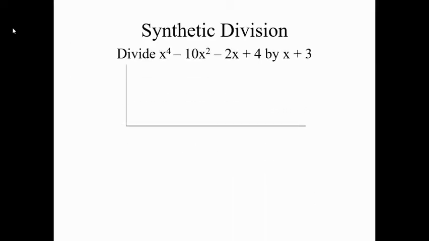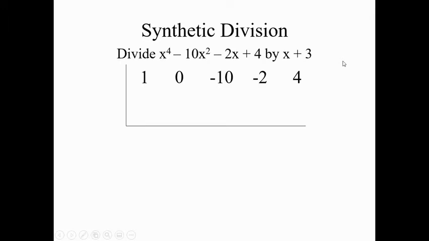So here's our x to the fourth minus 10x squared minus 2x plus 4, and again we're dividing by x plus 3. How do we set this up? Please notice that these numbers are the coefficients in front of your terms. So x to the fourth has a coefficient of 1.